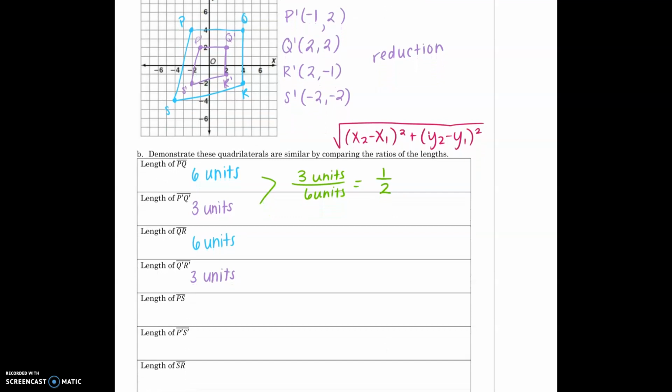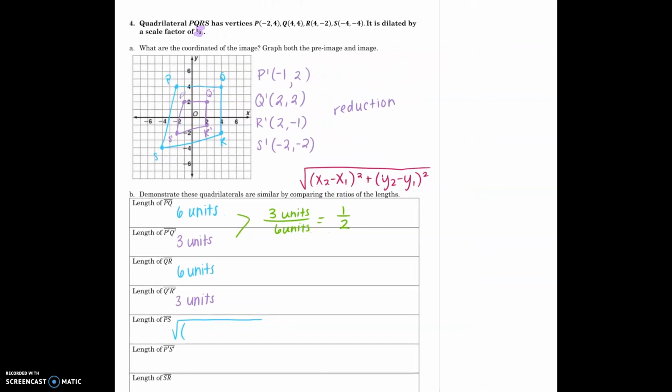So to find the length of PS, we have the square root of (-4 minus -2) squared plus (-4 minus 4) squared, which simplifies to the square root of 68, which simplifies further to 2 times the square root of 17.